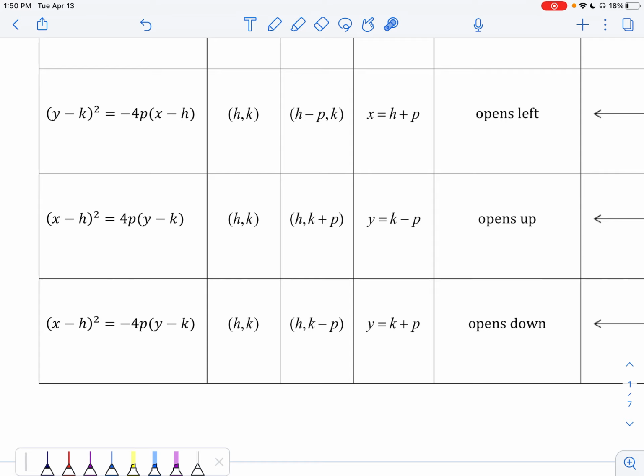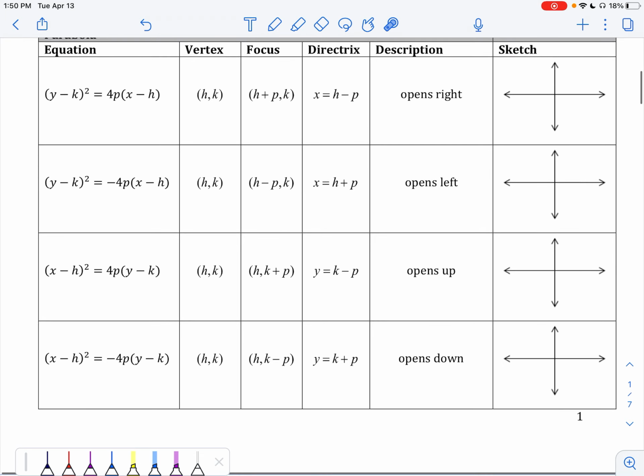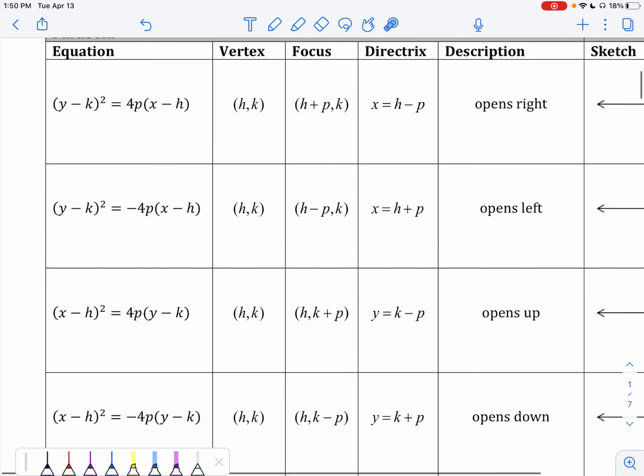Down here, we have the x that's squared, y is not. X is squared, y is not. These are our parabolas that open up and down. The way that we can tell the difference between right and left and up and down is from this piece right here, the 4p versus a negative 4p.